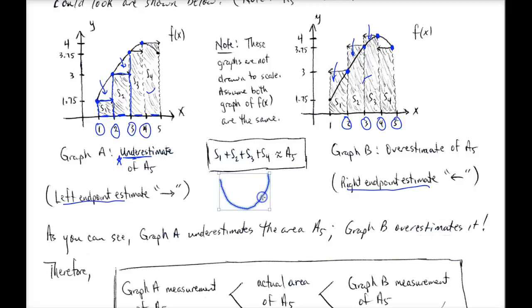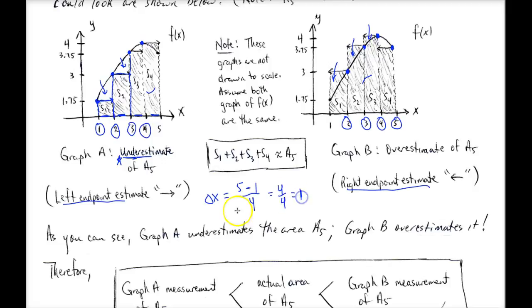The reason I say it's by design is because the width of those rectangles, which we're going to call delta x, is just the difference between the highest x value and the lowest x value, divided by the number of rectangles, or subintervals, that we wanted to have.